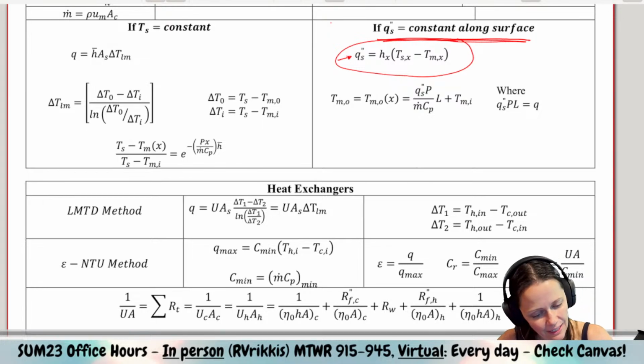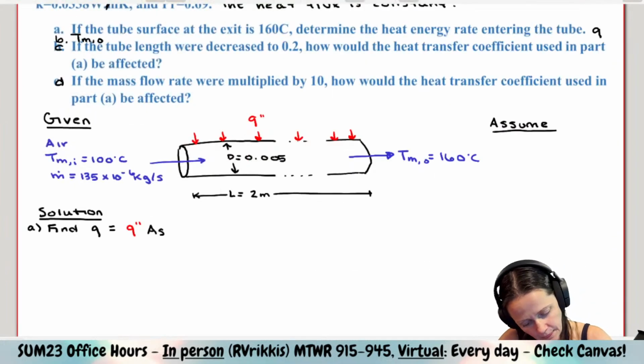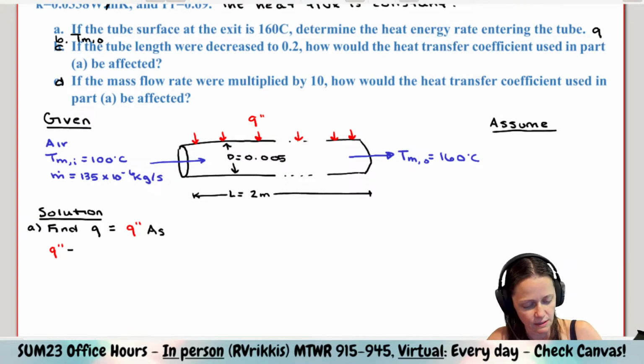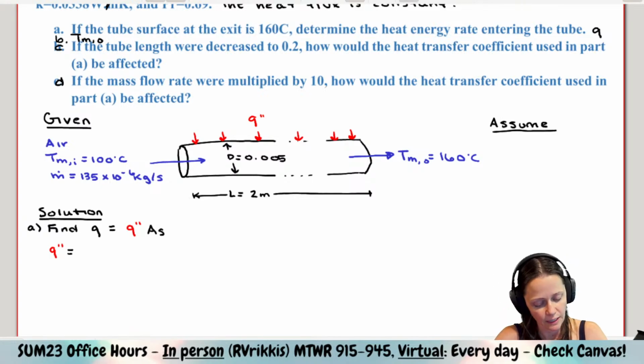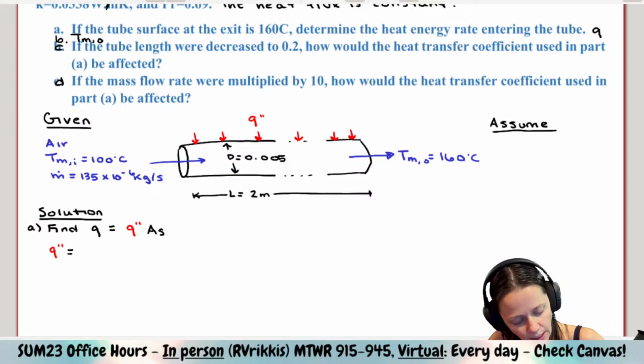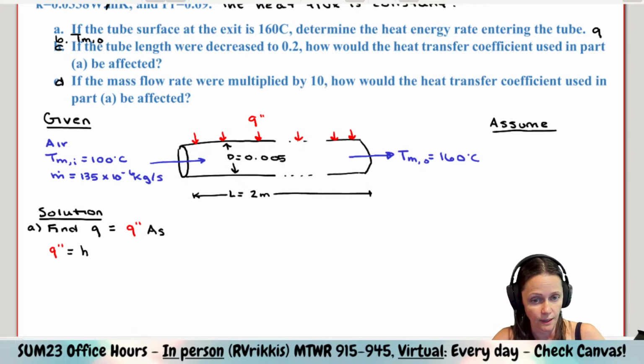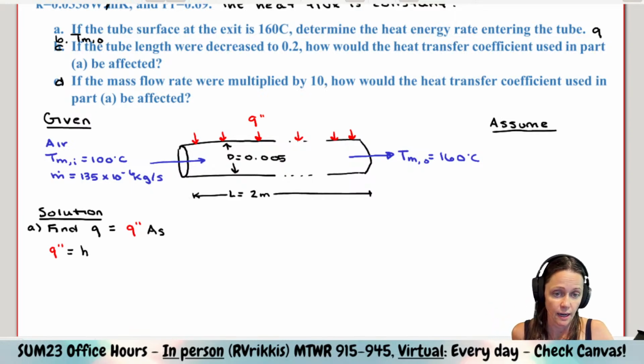So my q double prime, you can put a subscript s if you want to, but I'm just going to leave it off. Doesn't really matter. It's obvious that it's acting on the surface, but this is going to be h at some particular location. And I'm going to choose the outlet.